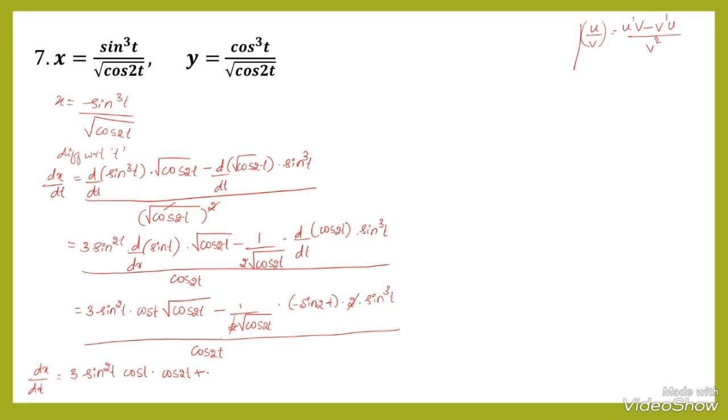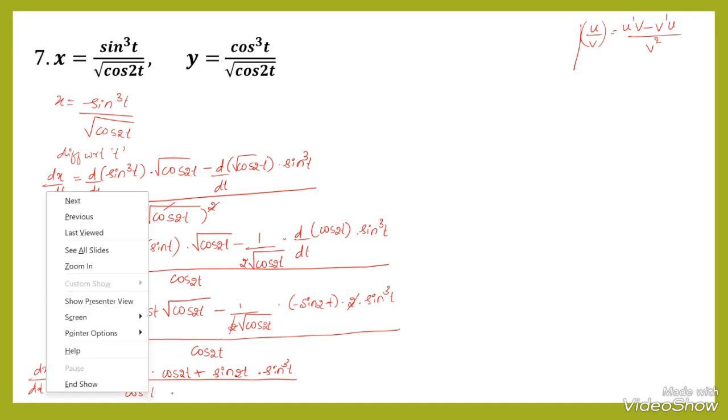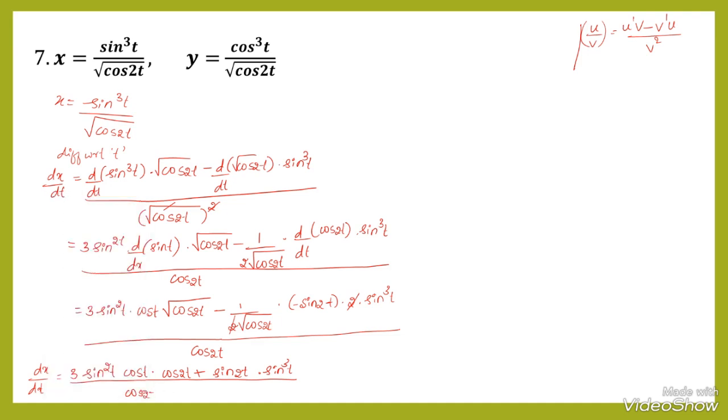Minus into minus is plus, it becomes sin 2t into sin cube t, divided by cos 2t into root of cos 2t.